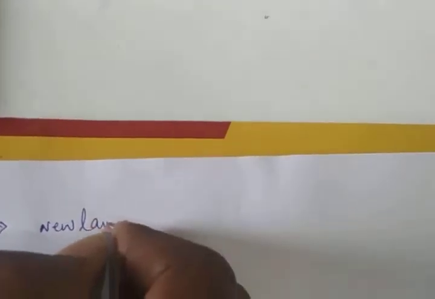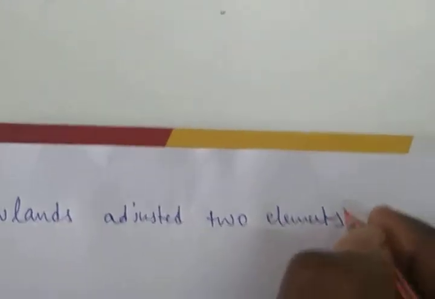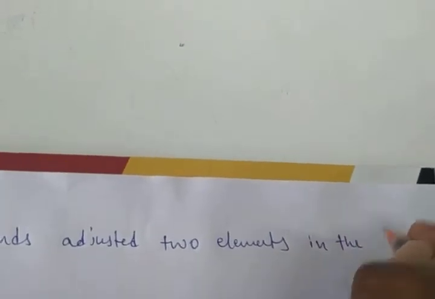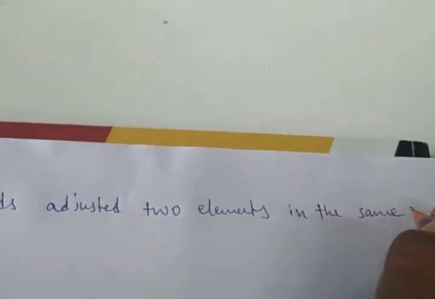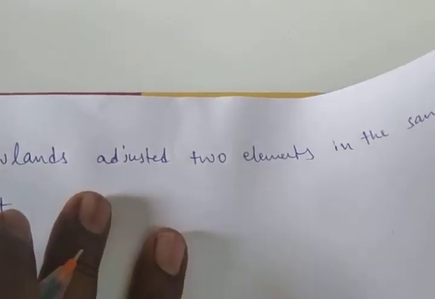This is another demerit. Newlands adjusted two elements in the same slot. Observe cobalt and nickel in the table.